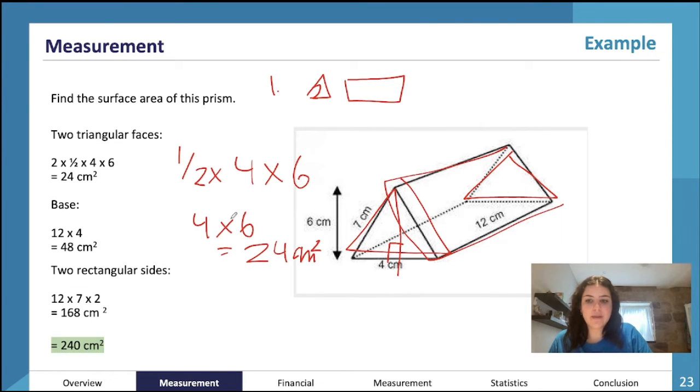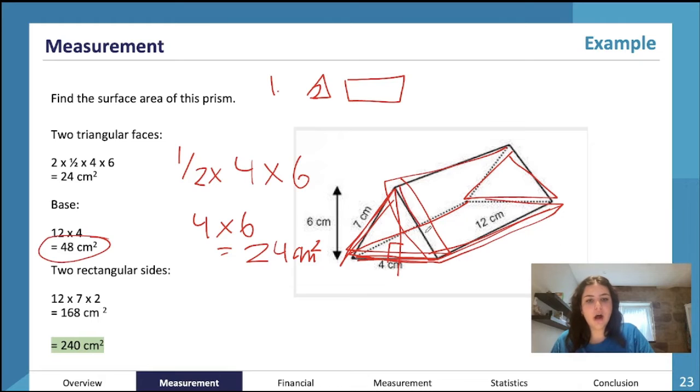Now we need to work out our 3 rectangles. We have 12 centimeters on the base times 7 centimeters on the side. So this is actually incorrect, we have 2 different sides. We have to work out the base first. So this one is 4 centimeters. So 12 times 4 centimeters to find the base, and we get 48 centimeters.